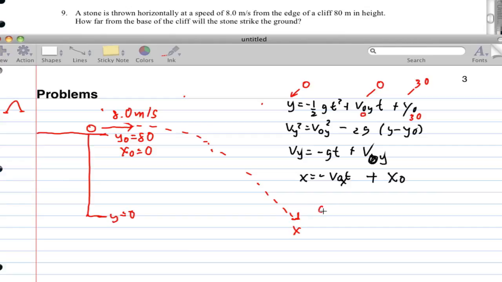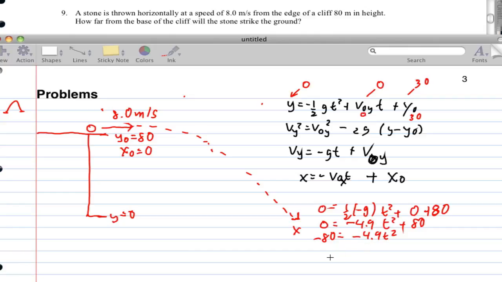When I do that, I'm going to get 0 equals 1/2 times negative g times t squared plus 0 plus 80, since this is 80 meters high. So I get negative 4.9 t squared plus 80. So I'm going to end up getting negative 80 equals negative 4.9 t squared.